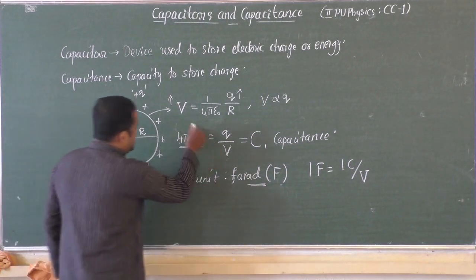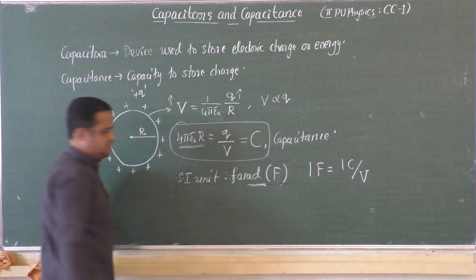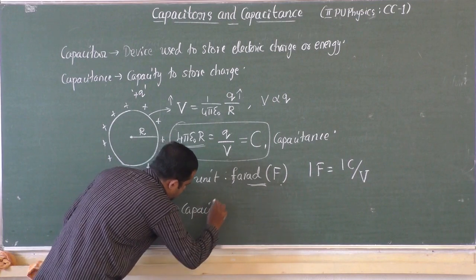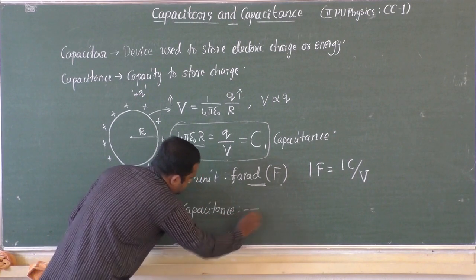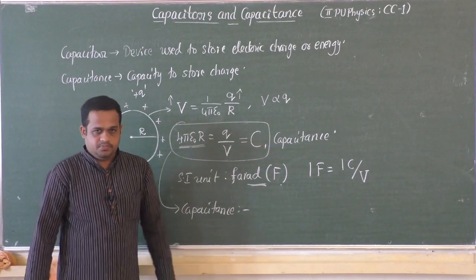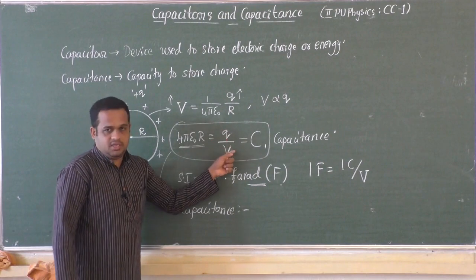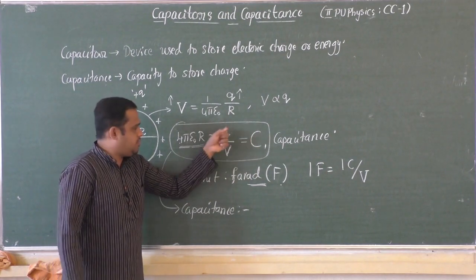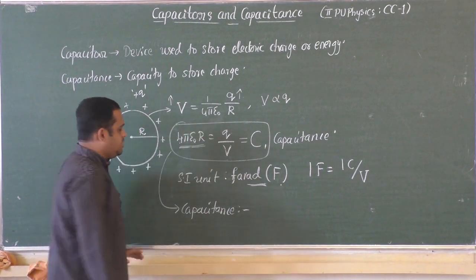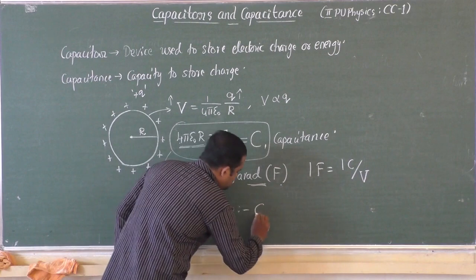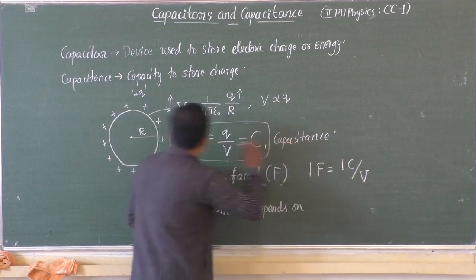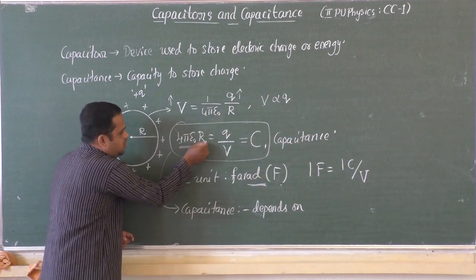Now from this expression, if you consider the capacitance of this particular conductor, which is true for all conductors or materials, this capacitance is independent of Q and V. Capacitance does not depend on Q or on V independently, and the capacitance value just depends on 4 pi epsilon naught R. Now what is R?